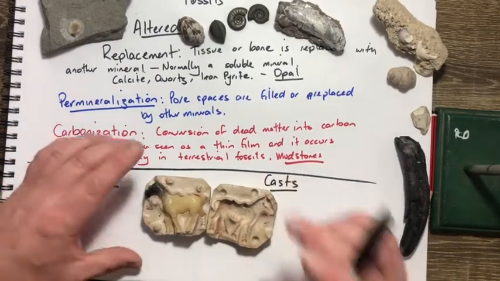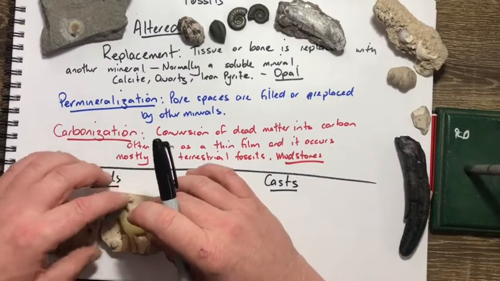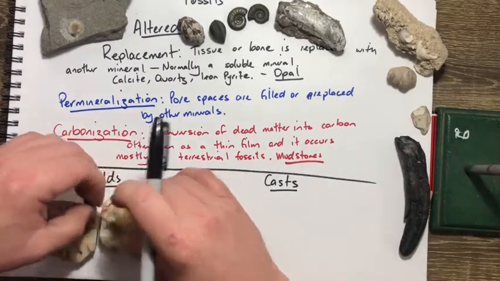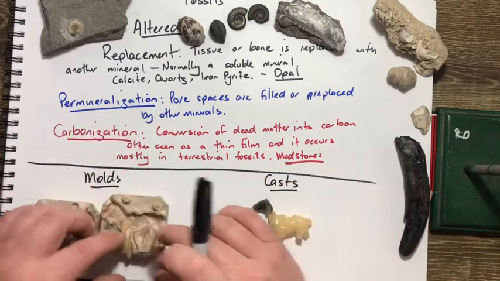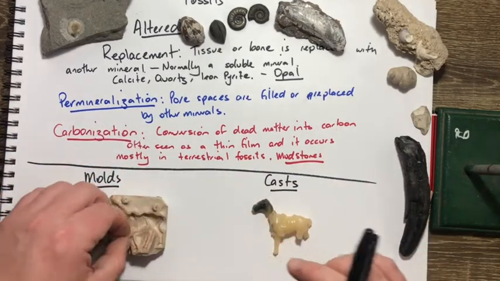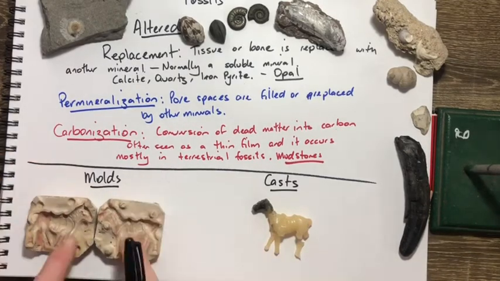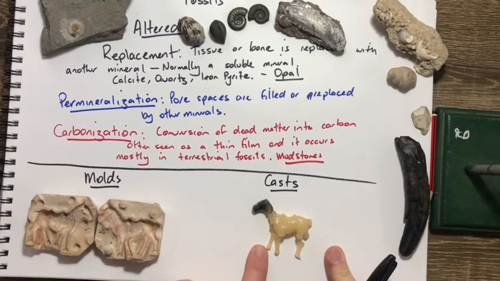If I take this out gently, it looks like it's broken. I filled it with wax and made the horse. There's his legs. Didn't work out too well. But you can see that this is the mold and this is the cast.